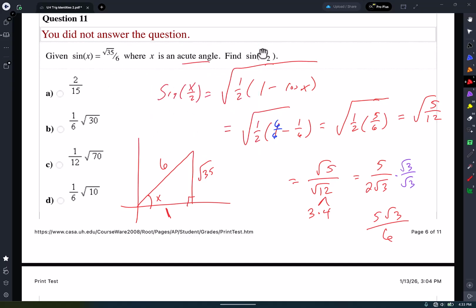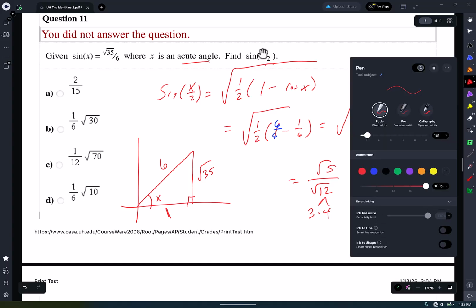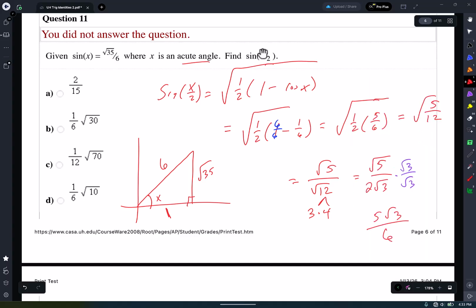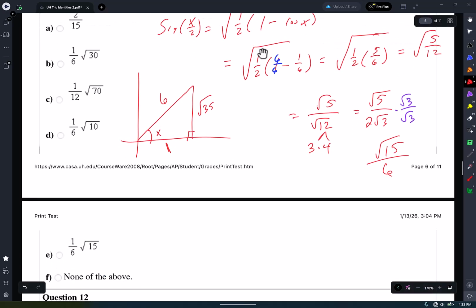Oh my god. Miss, how come you didn't tell me? This is square root of 5. See? That's square root of 5 right here. I was right though. Square root of 5 times square root of 3 is square root of 15. Square root of 15 over 6. There it is.